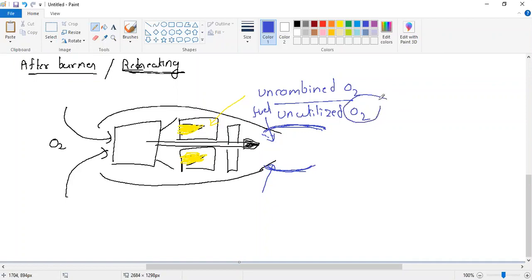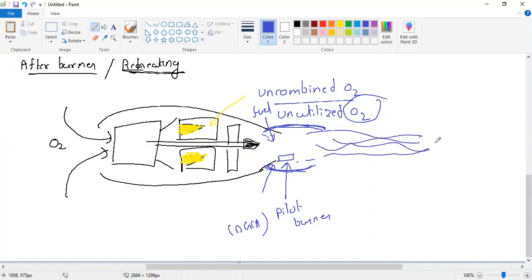Exhaust gases have oxygen, and we will give a burner, or I can say igniter plug. We'll call it here a pilot burner. It's a DGCA question, that's why I've used the word pilot burner. You can simply say igniter plug. It is available over here. This burns this air and fuel mixture. As this burns, flames will come out, giving you more amount of thrust.